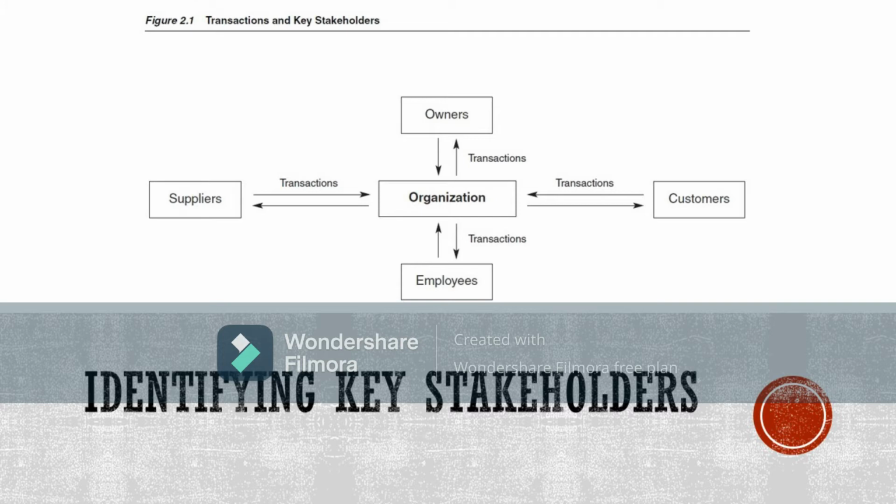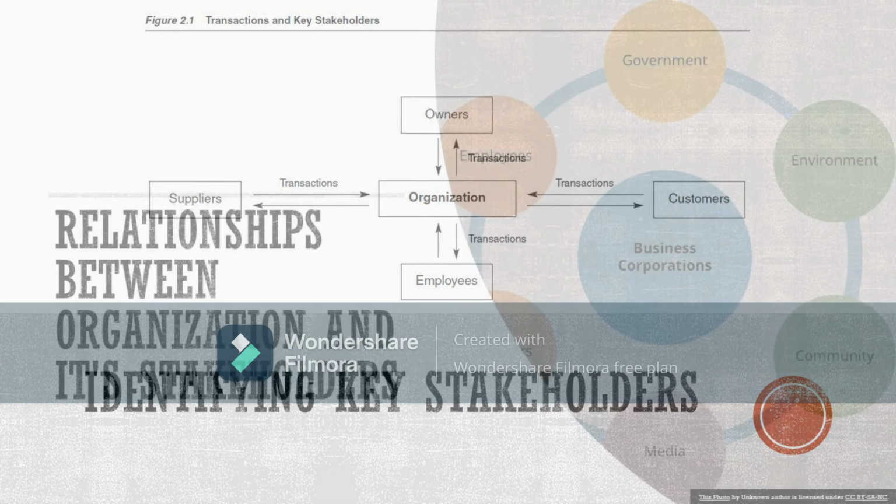Customers receive goods and services, and in return, transmit money to an organization or business unit. Suppliers supply goods and services, and in return, they receive funds. The employees, a key stakeholder, put effort into organization performance, and in return receive a salary and compensation.